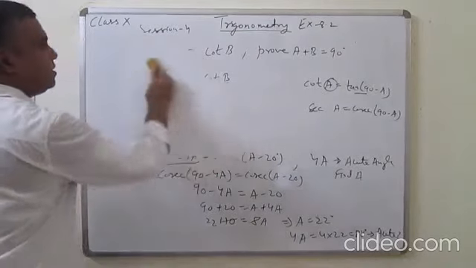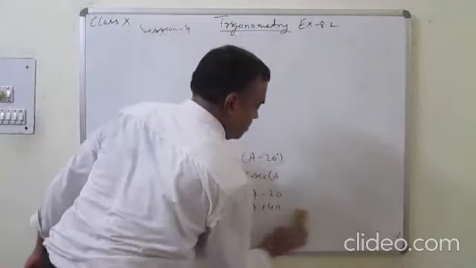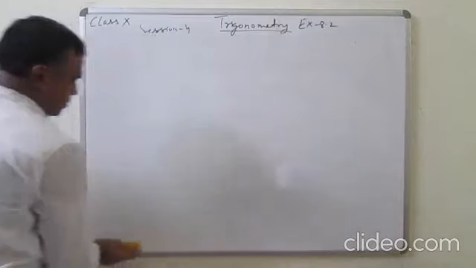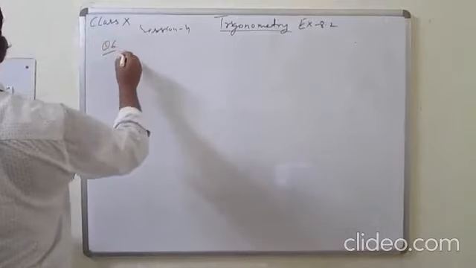Now I will take question number 6, and it is an important question. See on the board. It is an important question from the examination point of view. Question 6.